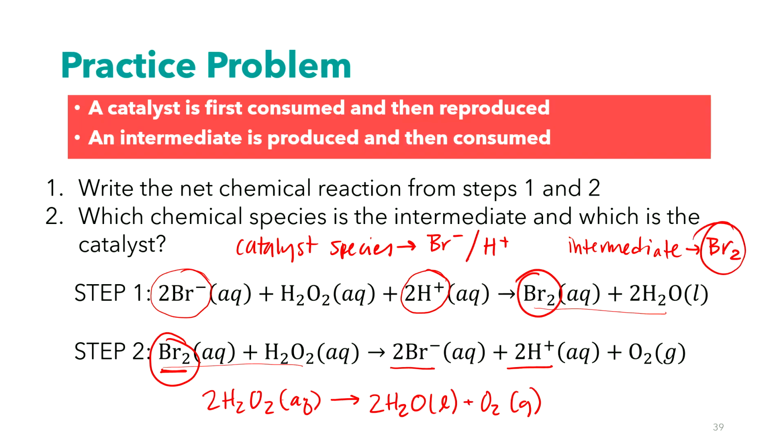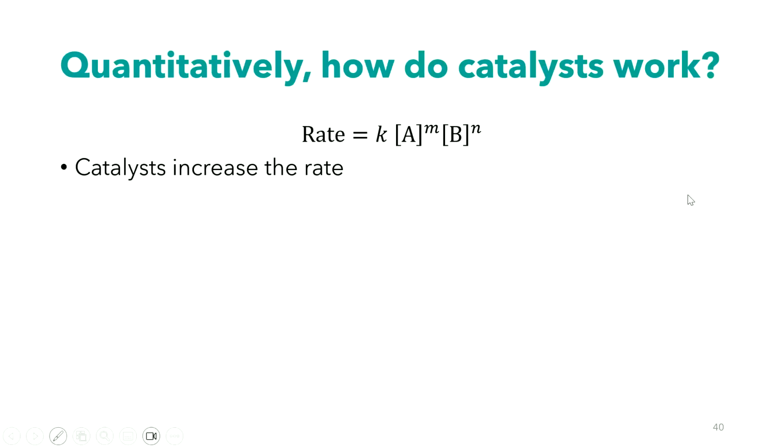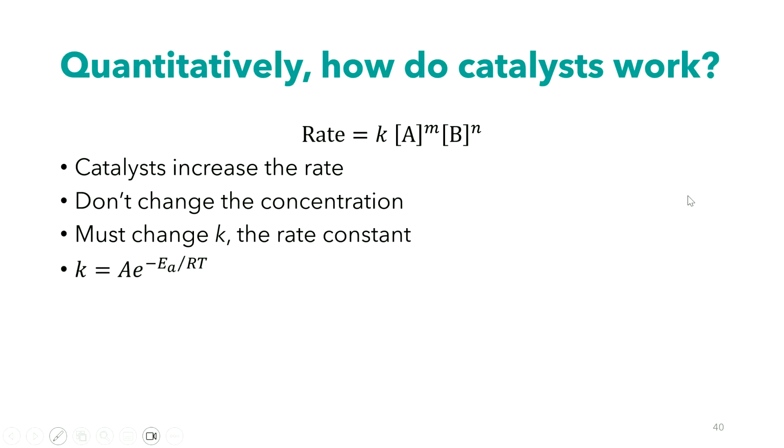I have two more things to say to you, all right? You can confirm to yourself that quantitatively, the way that catalysts work, right? We are going to increase the rate. You put in a catalyst, that number goes up. It's obviously not changing anything about this part of the equation. What is it doing?